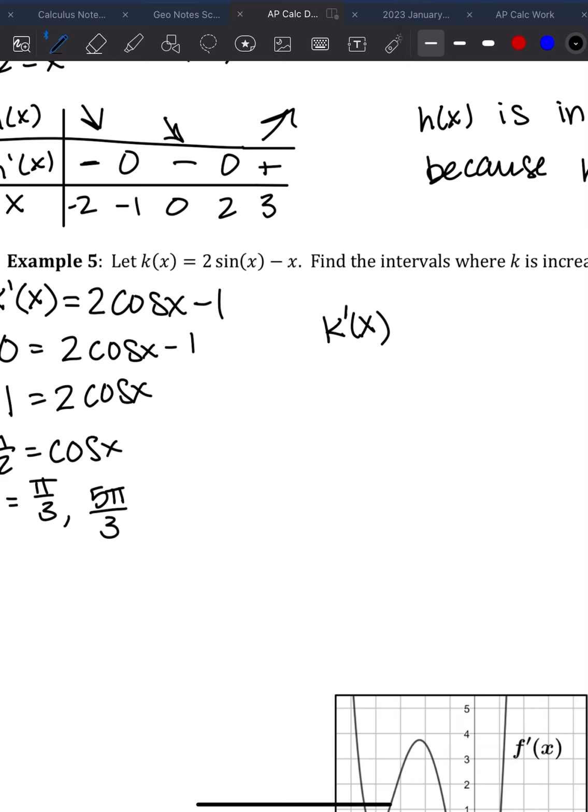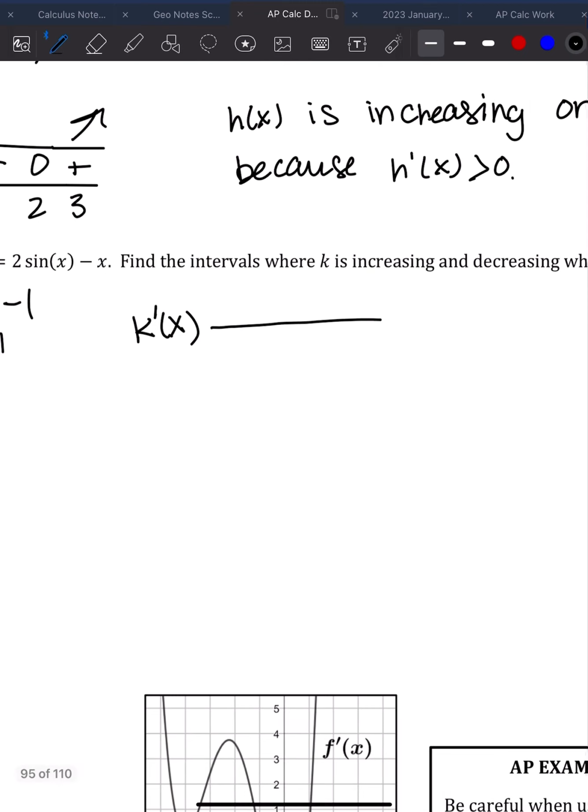So cosine is a sinusoidal function. So when we think about what's happening with cosine at pi over 3 and at 5 pi over 3, we are at 0.